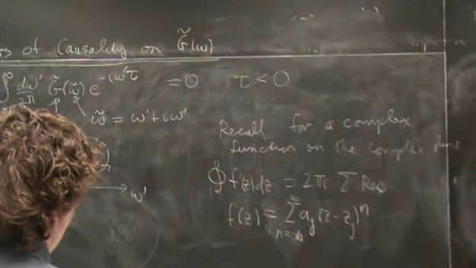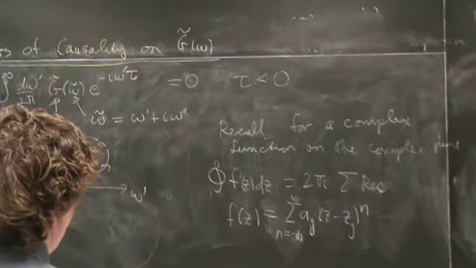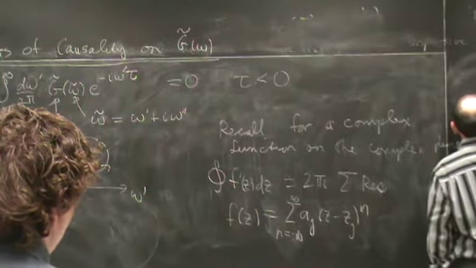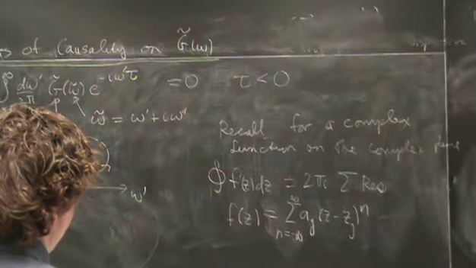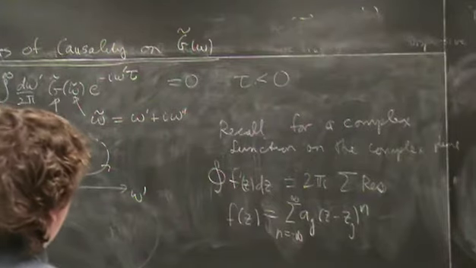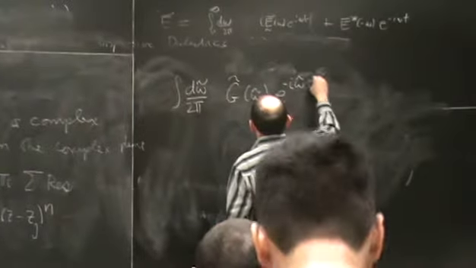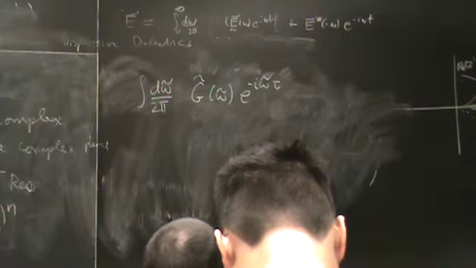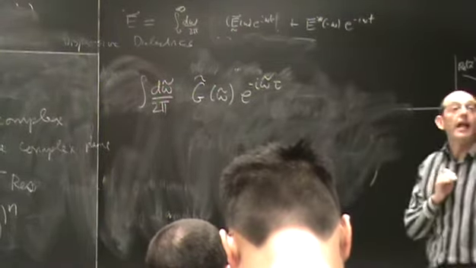So let's consider the integral over some contour, which I won't yet specify, of this function somewhere in the complex omega plane. Ultimately, we're interested in its value on the real axis.